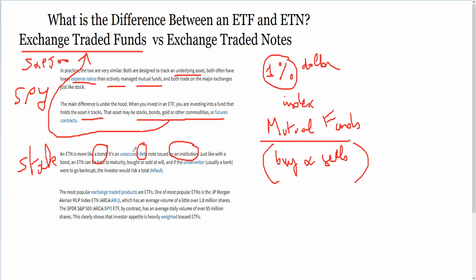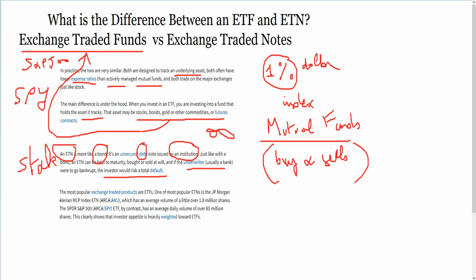But it is based on debt, and if the underwriter, usually a bank, were to go bankrupt, the investor would risk total default. It means if you buy an ETN issued by a bank, and the bank has problems or collapses, your ETN will be zero.